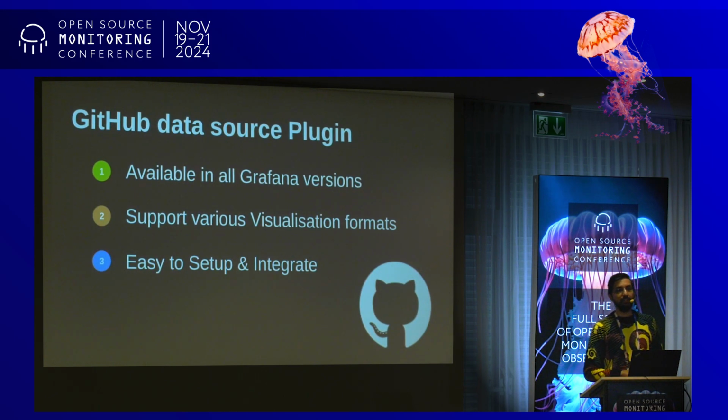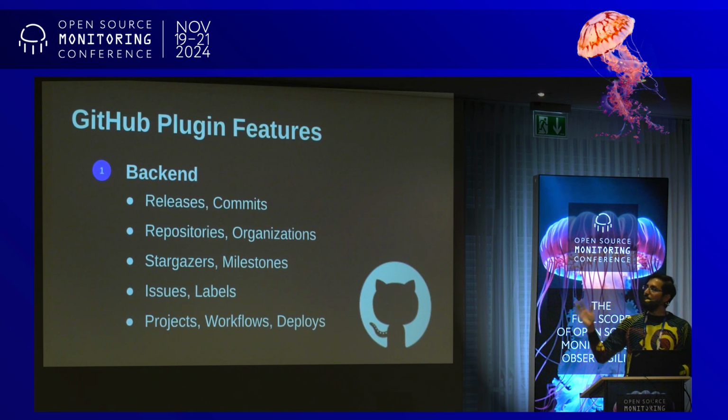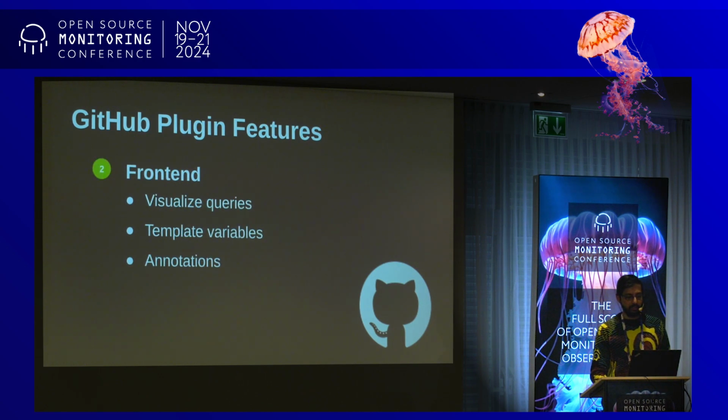The GitHub Data Source is available in all Grafana versions, and it supports various visualization formats, and obviously it is very easy to install and integrate, which we will take a look at. I will not go through all of this, but like we talked about earlier, to know about the PR, issues, about your repo, this is what this plugin can do. And also front end a little bit as well.